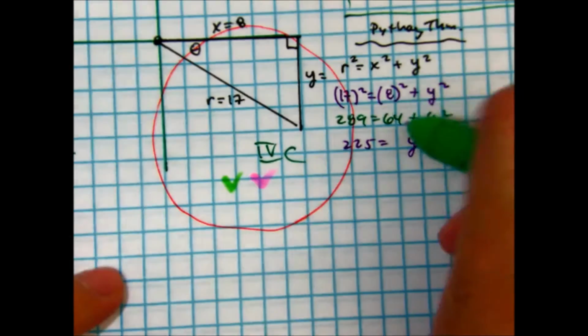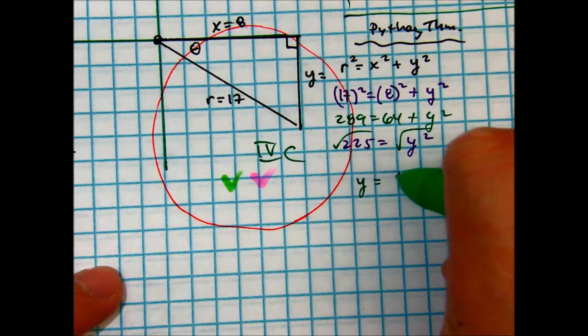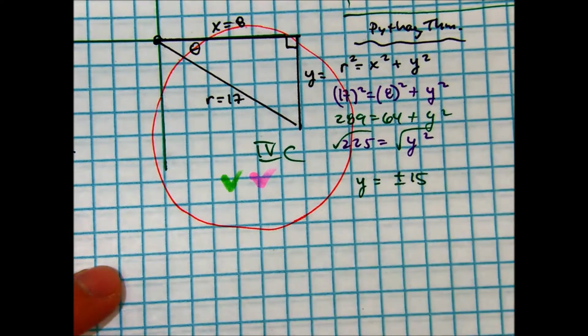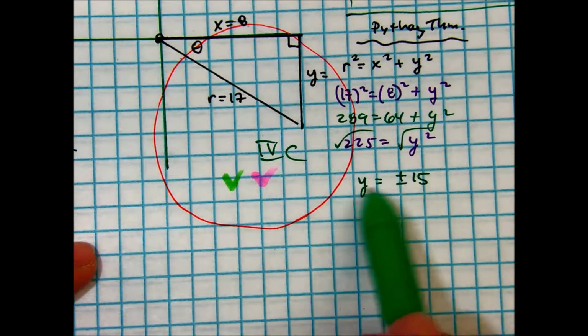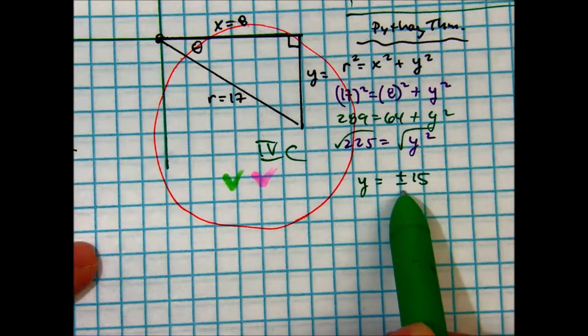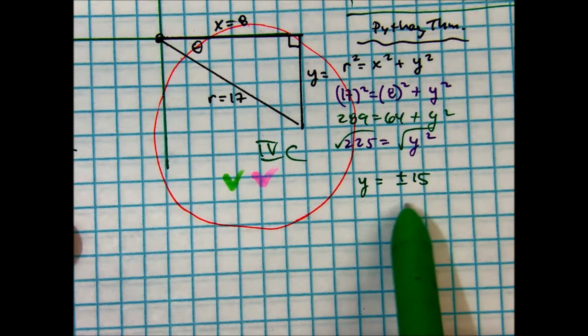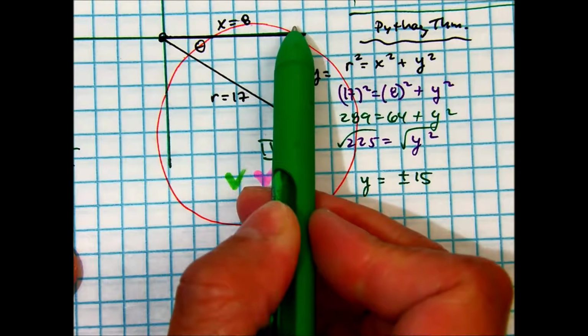Remember, you have 2. Pay attention. The y value is both positive and negative 15, because remember, negative 15 times negative 15 gives you positive 225. But on my triangle, pay attention, the ordered pair is going to be x is 8, y is negative 15.